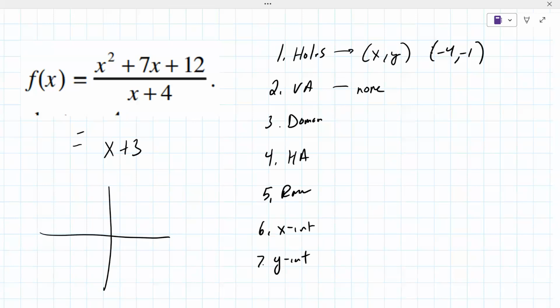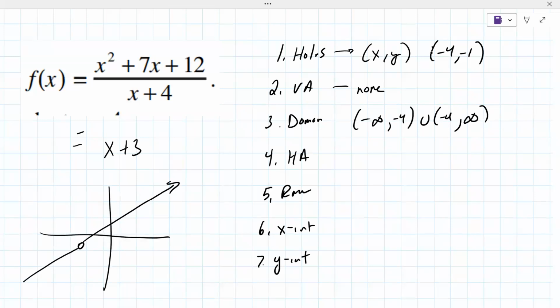Yes, I got -infinity to -4, not including -4, and then from -4 to infinity. Very good. And then the horizontal asymptote here, it's pretty straightforward. It's something like this. Got it.